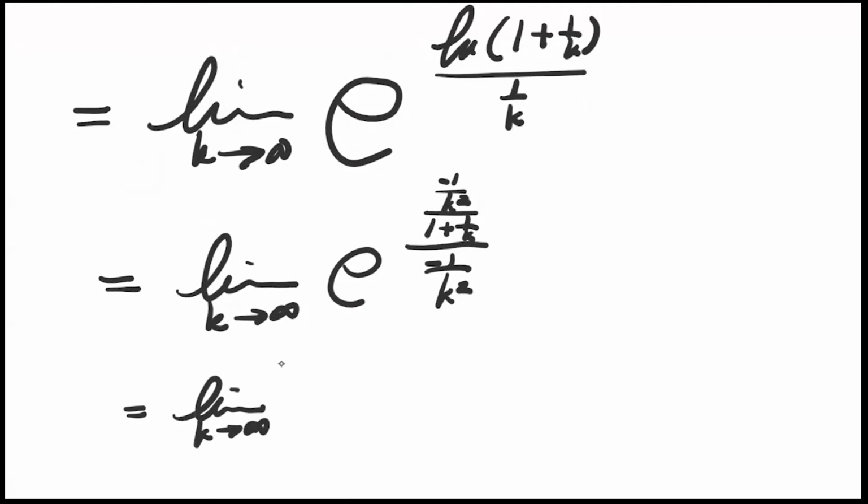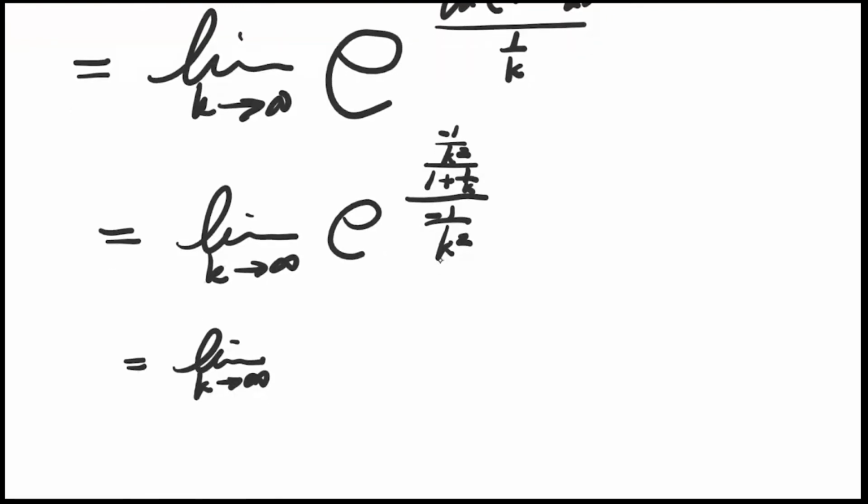You can see why I like this form better, so I can keep simplifying it instead of plugging in, and that's confusing. Does this denominator cancel that thingy on the numerator? So we'll have 1 over 1 plus 1 over k. Too much fraction? Oh, come on, people.